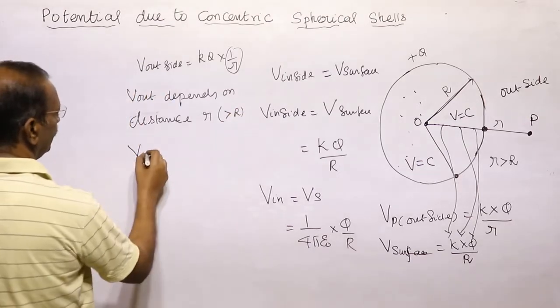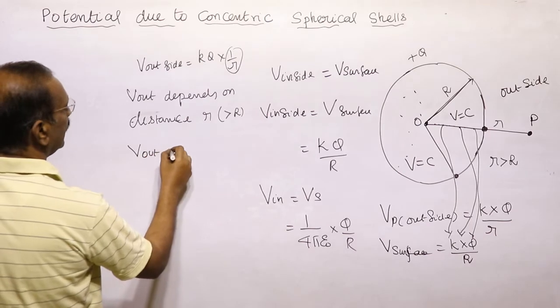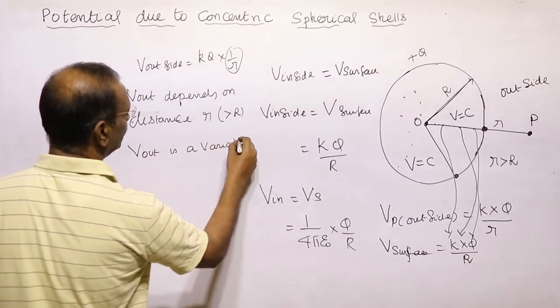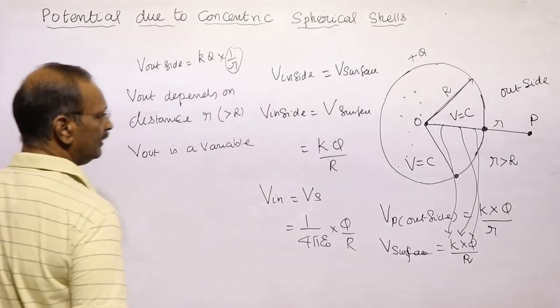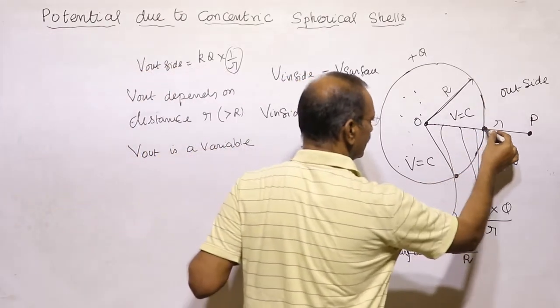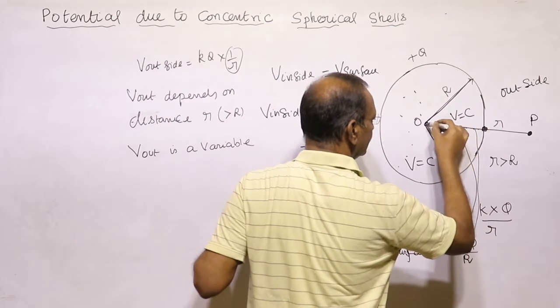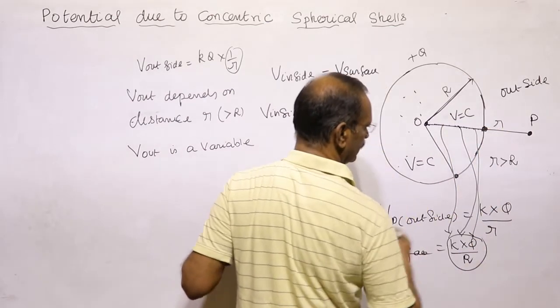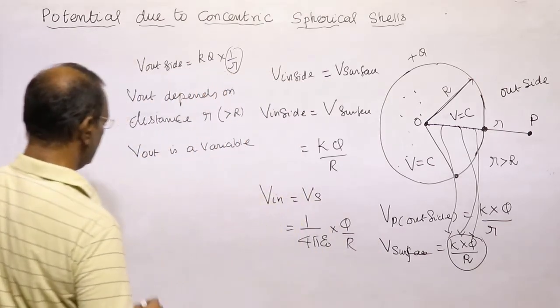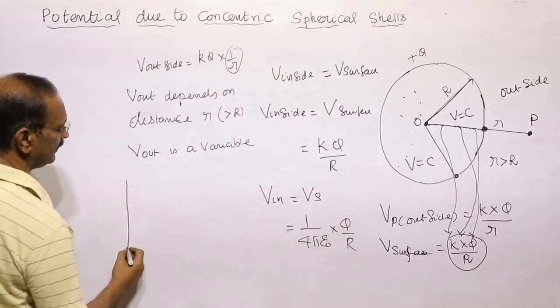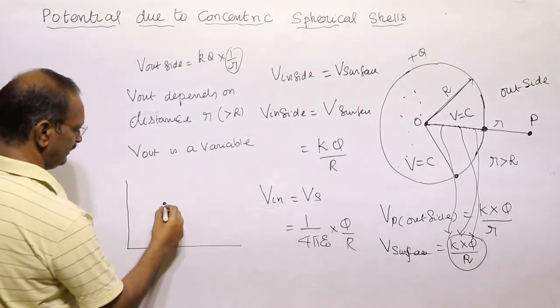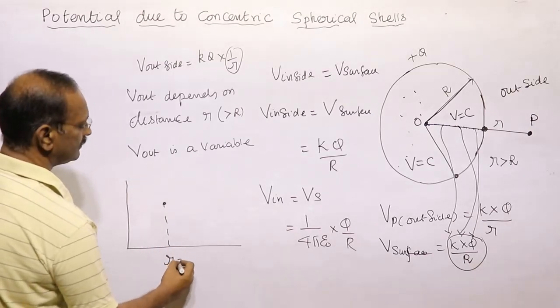V outside is a variable quantity, but V on the surface as well as V inside is always constant, which is equal to KQ by R. This point we have to remember. This plot of the graph they may also ask in NEET. This is at the place where r is equal to R.